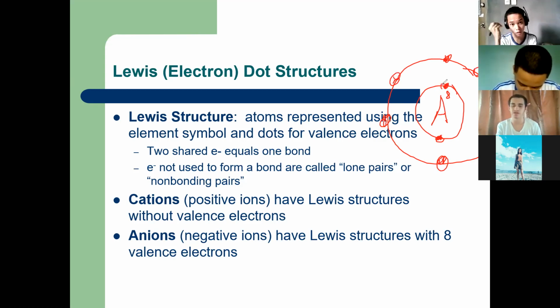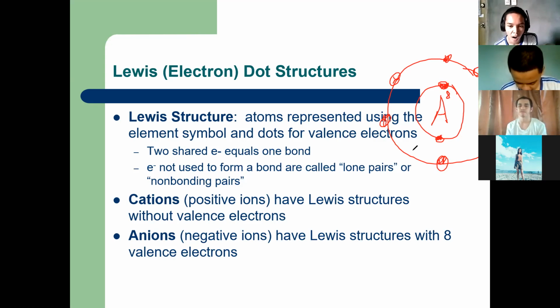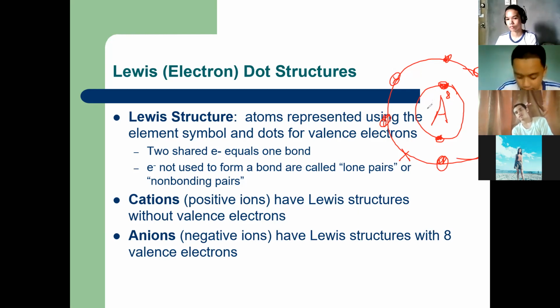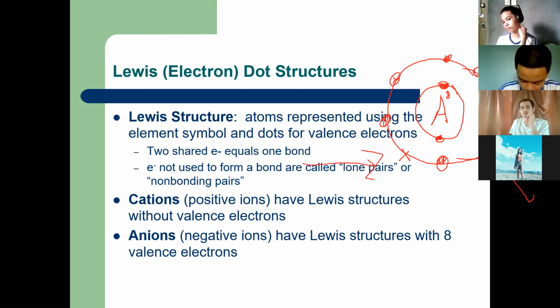To achieve stability, the outermost shell should contain 8 electrons, right? But in this case, element A contains 6 electrons only. So it needs 2 more electrons to achieve stability. We call this the octet rule. That is why element A needs 2 more electrons, and if it will receive electrons, the ionization there is negative.